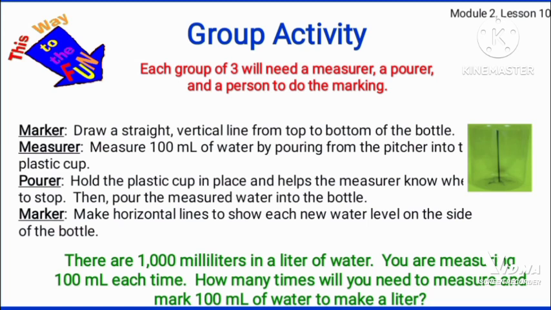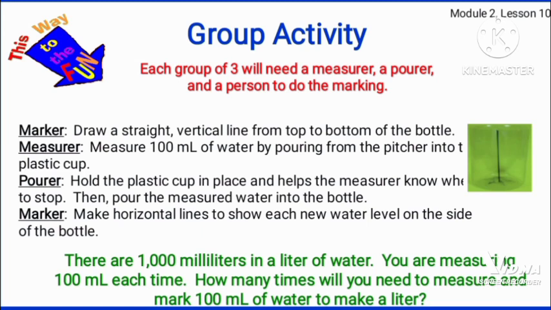This is a group activity we'll do in class. We'll make it bigger. But just so you know what we're going to do, we're going to draw a straight vertical line from top to bottom of a bottle. Then we'll measure 100 milliliters of water by pouring from the pitcher into the plastic cup.